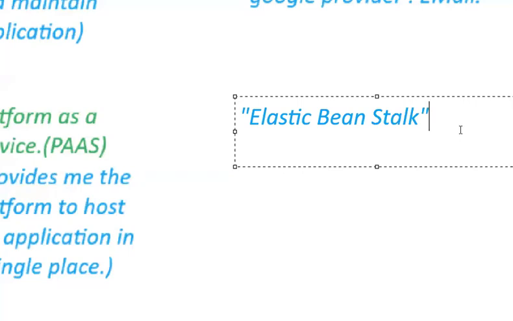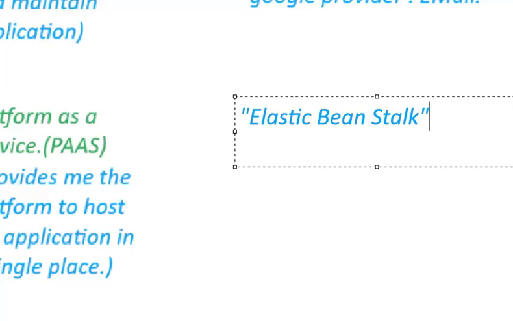Sir, you told in the previous session that AWS is IaaS, that is infrastructure as a service provider, right? Then why are you telling this Elastic Beanstalk, and saying AWS provides the platform as a service model also? How can it be both, sir?